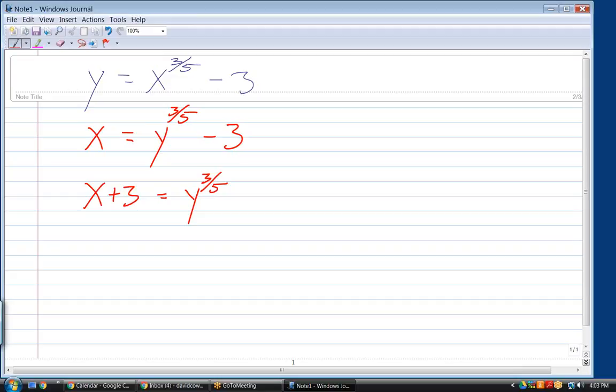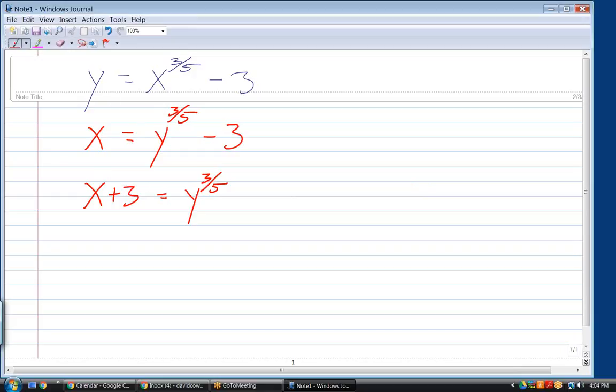No. You only would have to invoke logs if the variable was in the exponent. In other words, if I had something like 3 to the y, then I might have to take logs to get that y down. But that's not the case here.